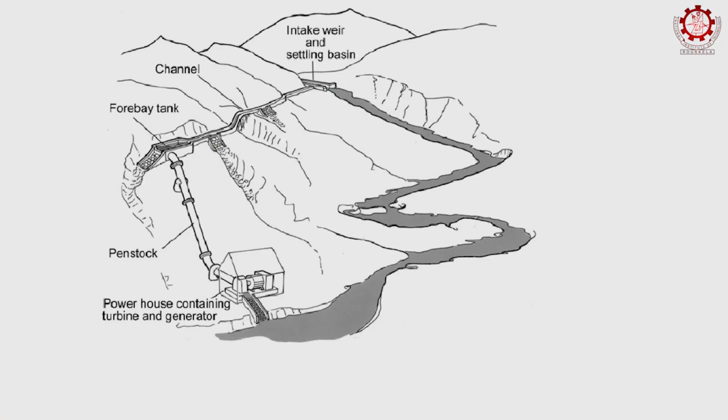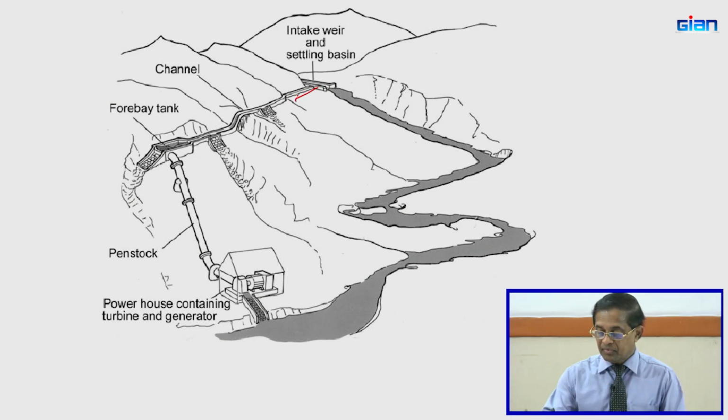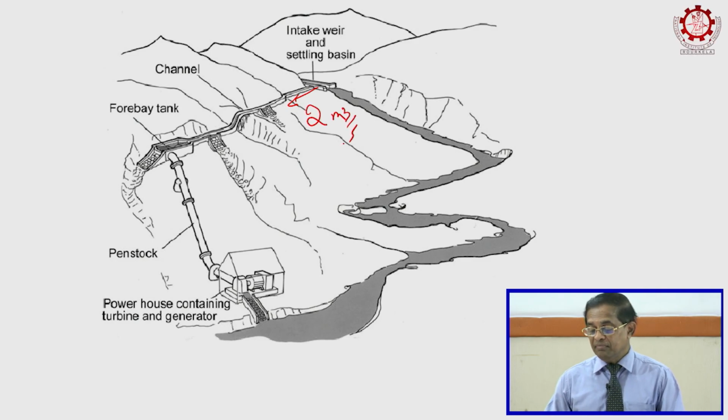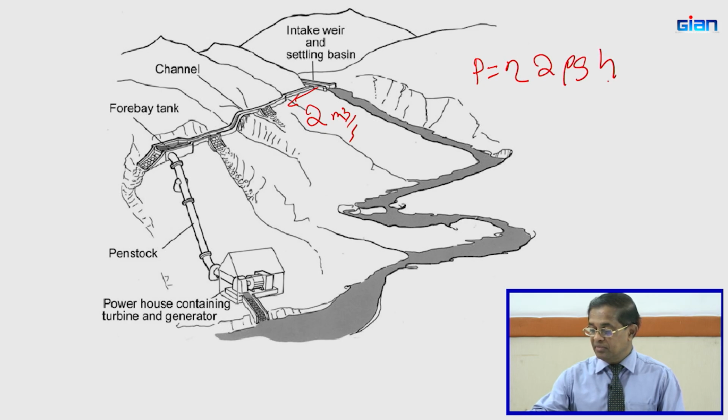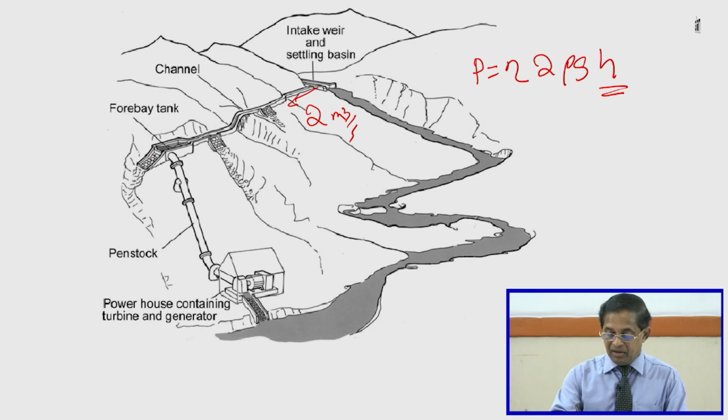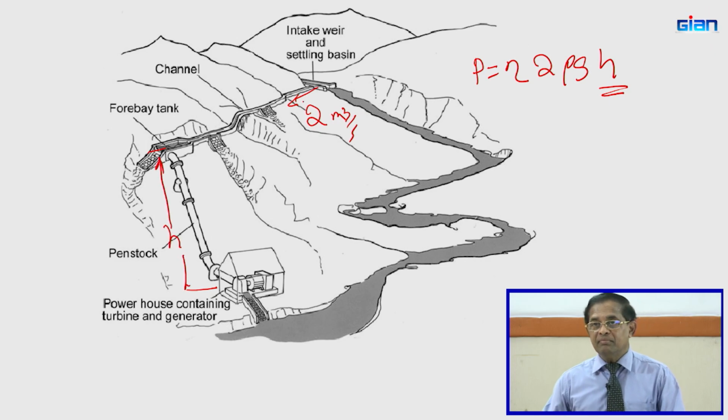So, as usual, this is our structure, our way of configuring a small hydropower plant. So, we have to know what will be the water flow rate that we can use from the river, in cubic meters per second, in the small hydropower scheme, because our power generation depends upon Q, rho, g, H. H is a parameter depending upon the water height from the turbine level, and Q is the water that is coming into the canal, coming into our project, right.